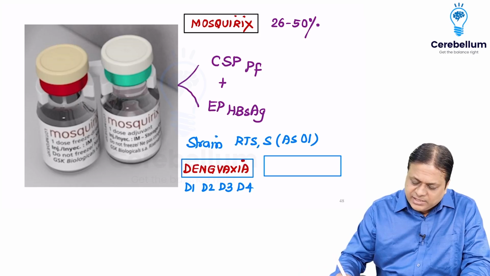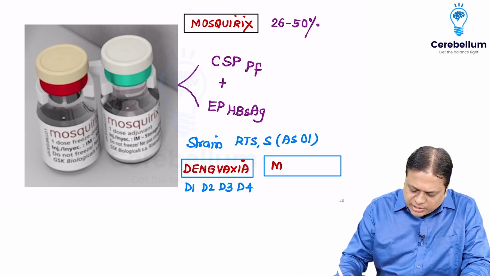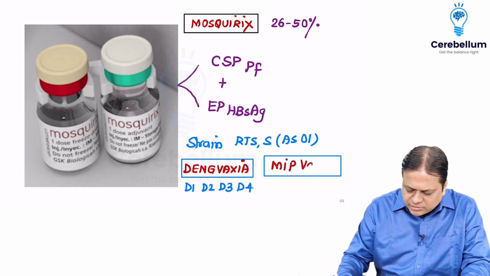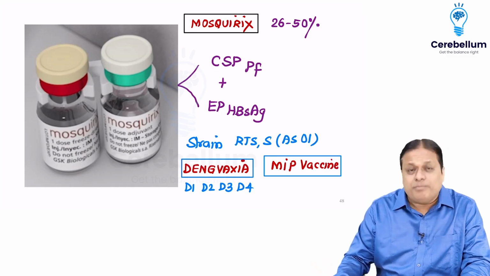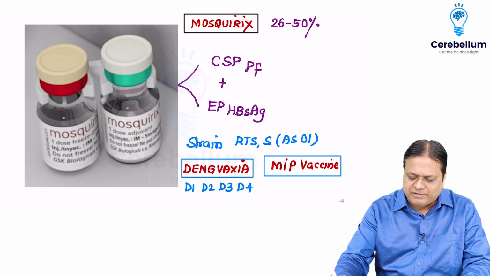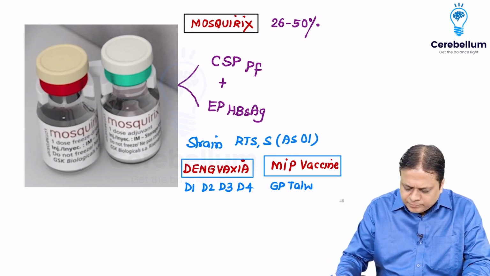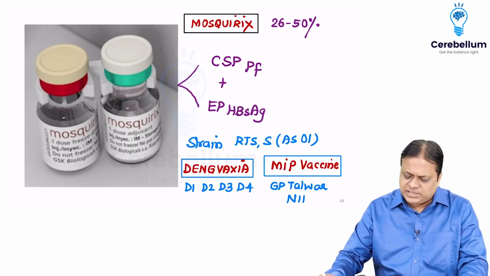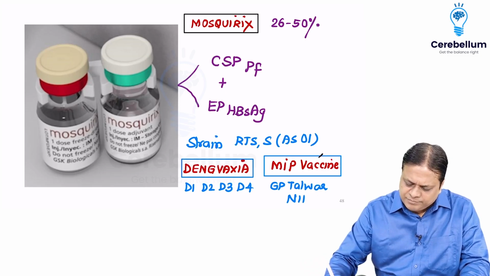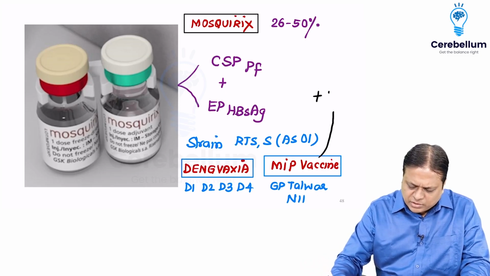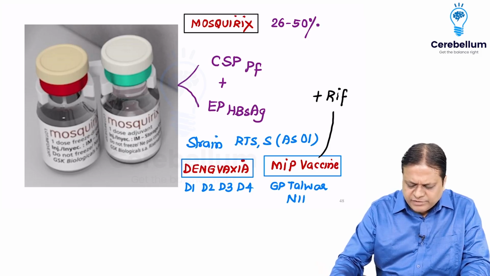Yes, that is in India, by the name of MIP vaccine, Mycobacterium indicus pranii vaccine, developed by Dr. G.P. Talwar, National Institute of Immunology. This vaccine is unique because it is given along with a dose of rifampicin.